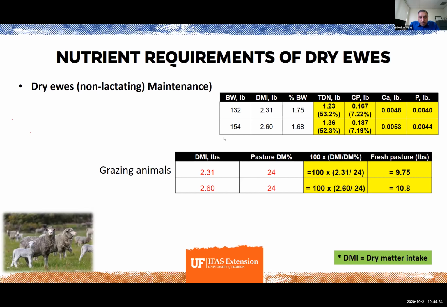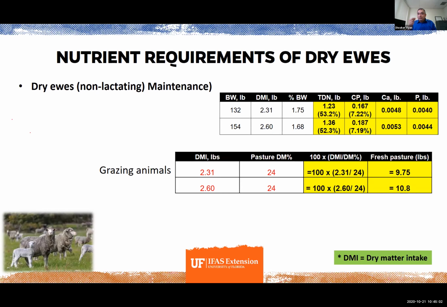For 154 pound body weight, 2.6 pounds of dry matter, consuming the same pasture with 24% dry matter, they will be consuming 10.8 pounds. So it is very important to see this difference, right? The requirement for these animals is 2.6 pounds of dry matter, but they have to consume around 11 pounds of fresh grass to get that amount.